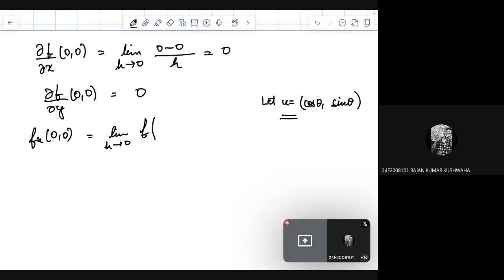So limit h tends to 0, f(x0 + h u1, y0 + h u2), here x0 is 0, so f(0 + h cos theta, 0 + h sin theta). I'm first writing the formula.